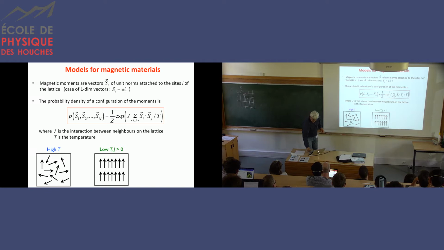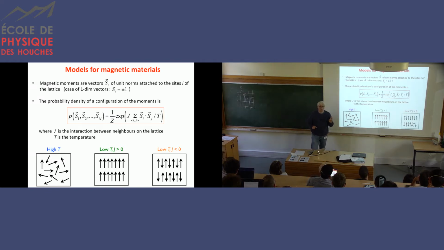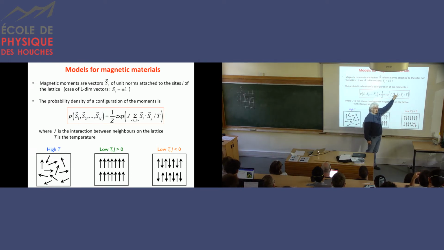Now if you do low temperature and J is negative, then nearest neighbors are going to anti-align, because this is how you get a dot product which is minimal, which is -1 when they are in opposite directions, and you multiply by a negative constant. It's a way you make this probability maximal.